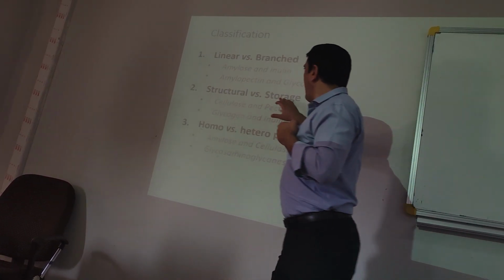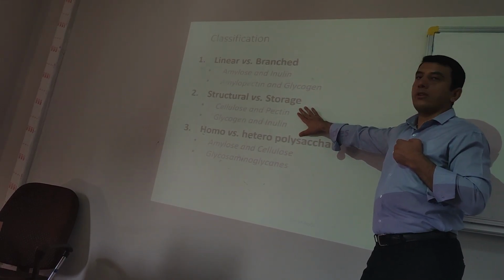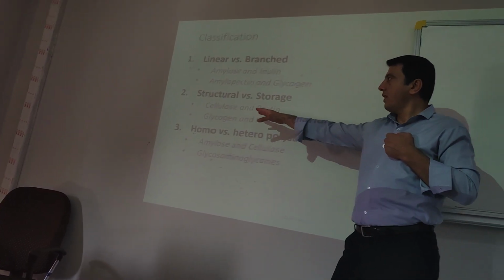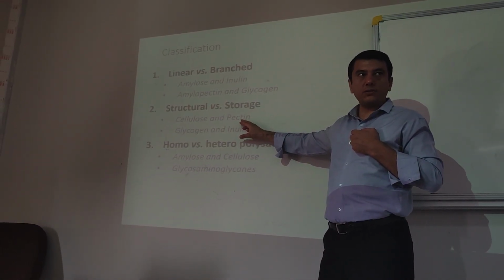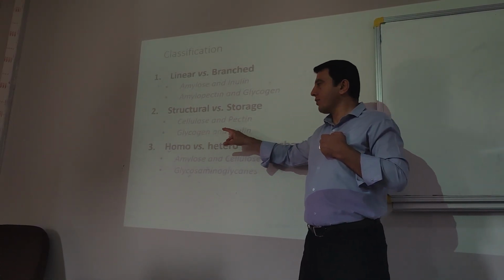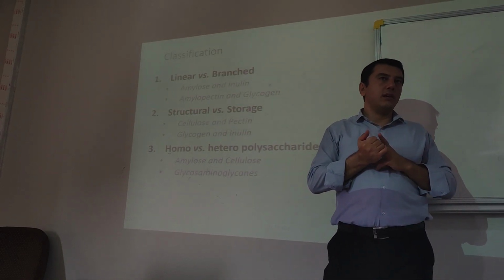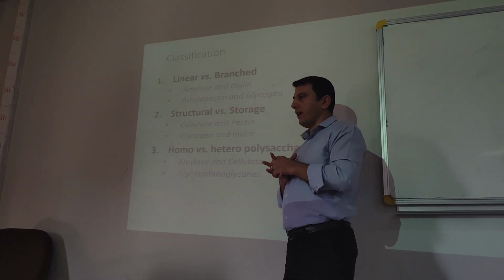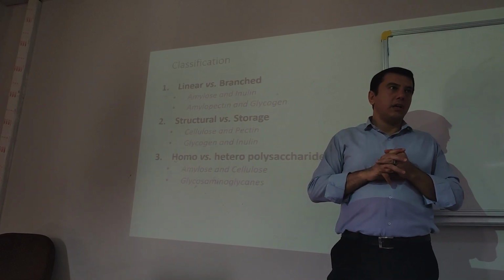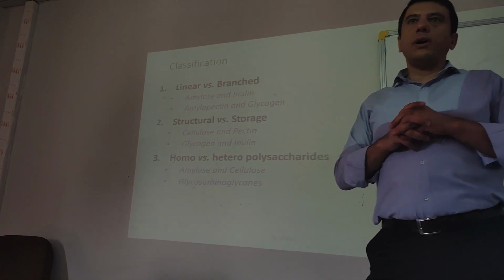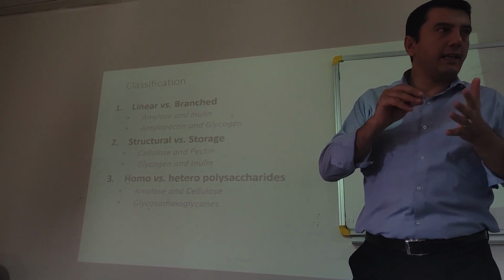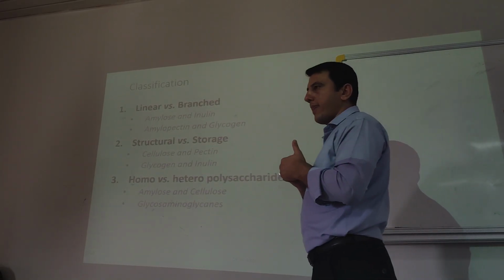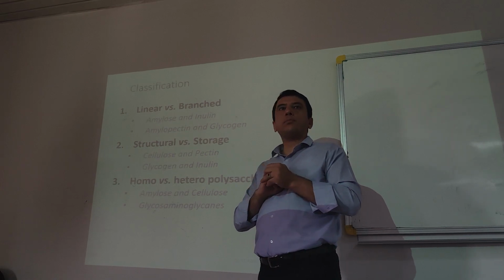We have structural and storage polysaccharides. For example, cellulose and pectin are structural sugars. However, glycogen and inulin are storage sugars. What is the property of inulin? Inulin is the storage form of sugar in potato.